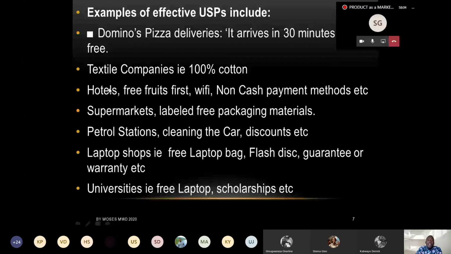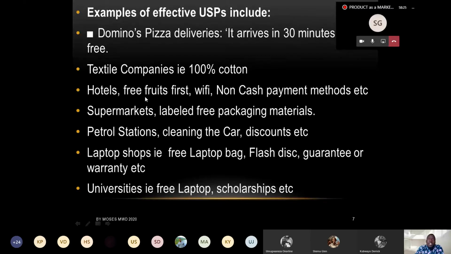You've ordered pizza and they charge you 10,000. But ideally, when you produce a pizza for yourself, you can spend like 4,000. So businesses that give you these USP services are able to charge a higher price.